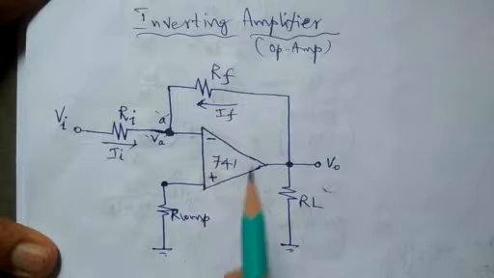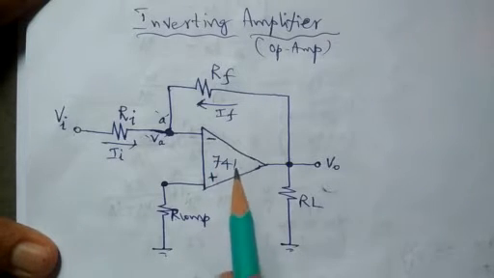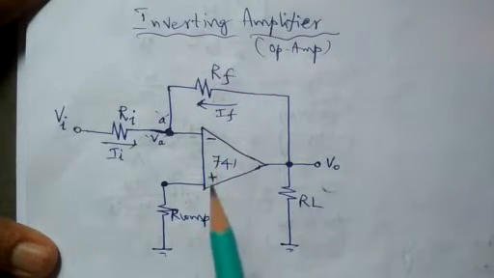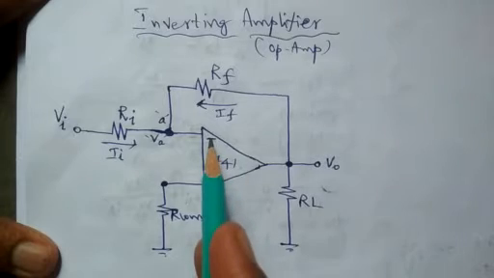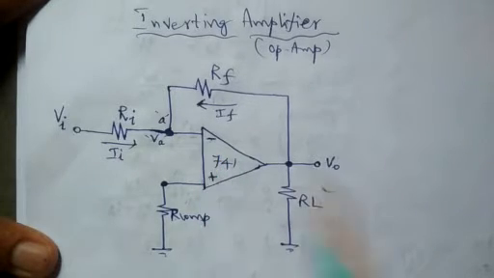If we look into the pin connections of the operational amplifier 741 IC, it has two input pins: plus, the non-inverting terminal, and minus, the inverting terminal.